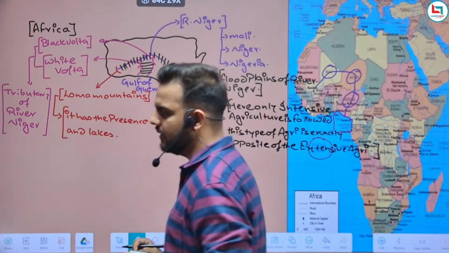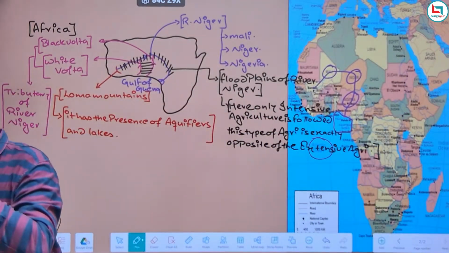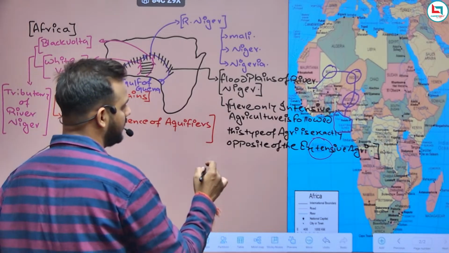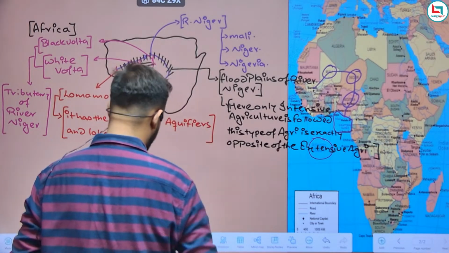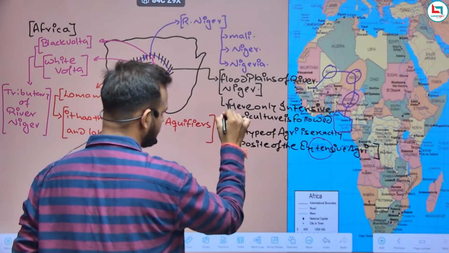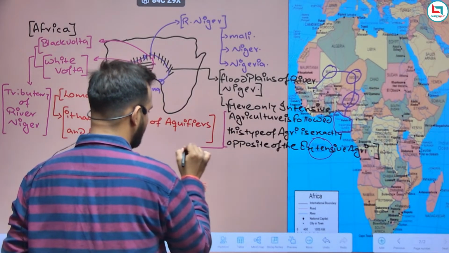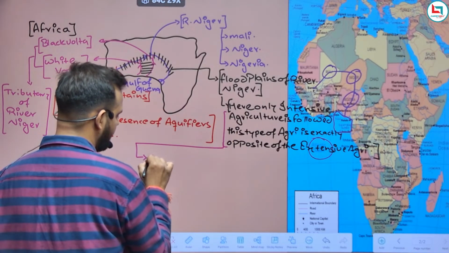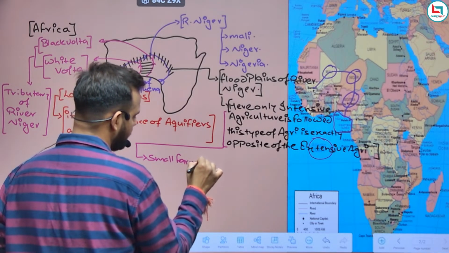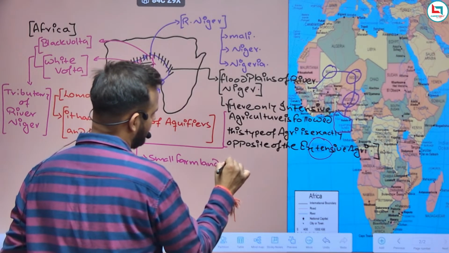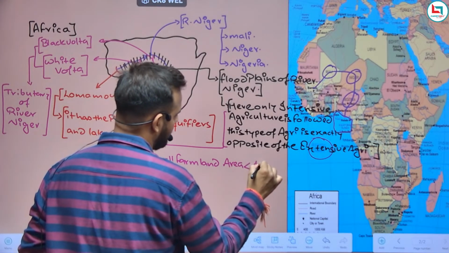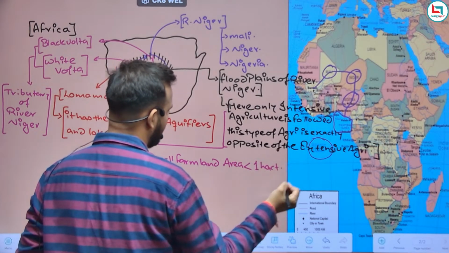Here we have small farmland whose area is less than 10 hectares. Okay, in this type of agriculture, we have small farmland, area less than 1 hectare.